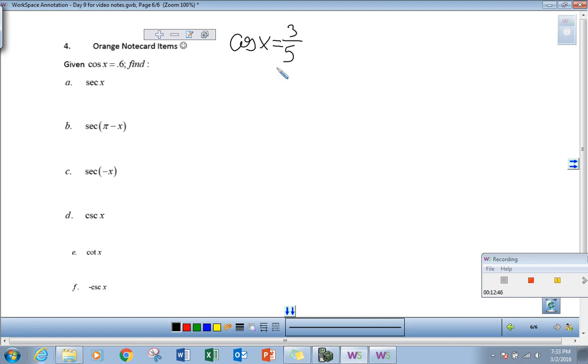Well, here's the thinking. The secant of x is the reciprocal of the cosine. So that means I've got the reciprocal of 3/5. So the secant value is going to be 5/3.